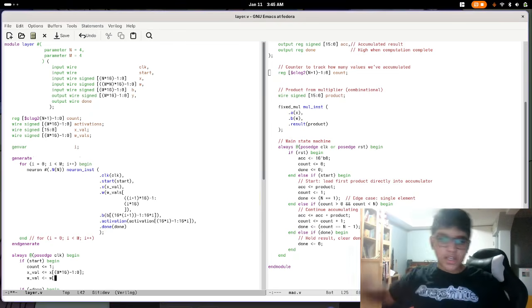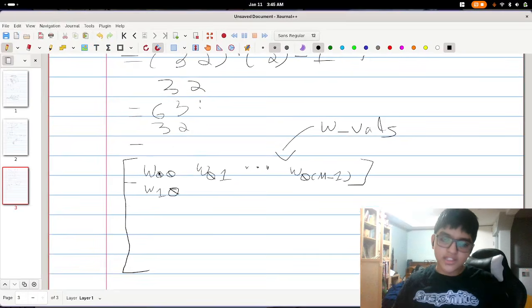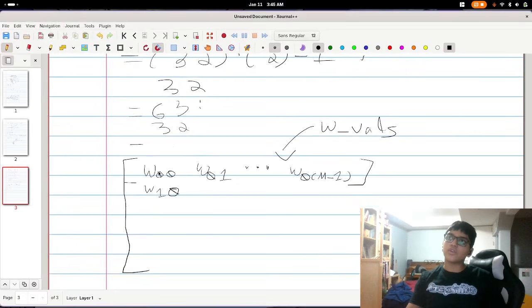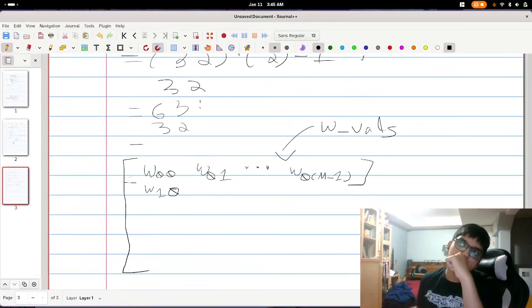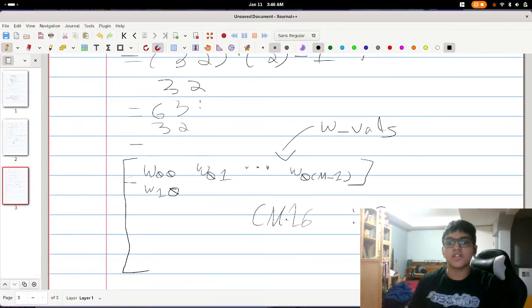So this is how our weight matrix is arranged. What we'd want to do is go from bit 0 to bit m times 16. Yes, because there are m weights for each input.